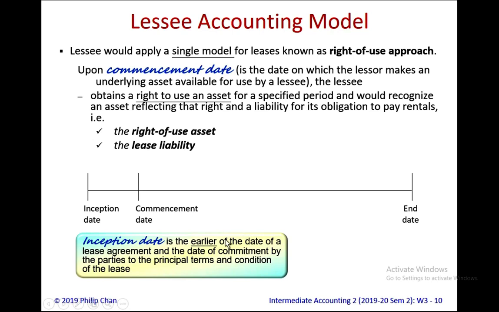So inception date is the earlier of the two. To make it simple, we assume that inception date would be the date of the contract. At the date of the contract, there is no accounting entry. The accounting entry would only happen at the commencement date when the lessee controls the asset, and from that day onwards, they would recognize the right-of-use asset and lease liability.